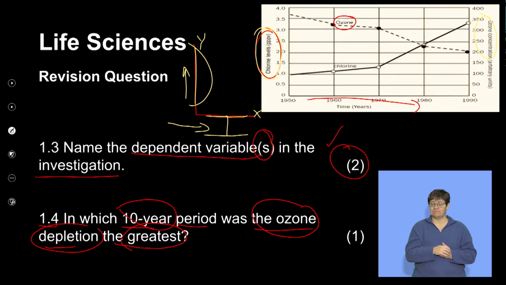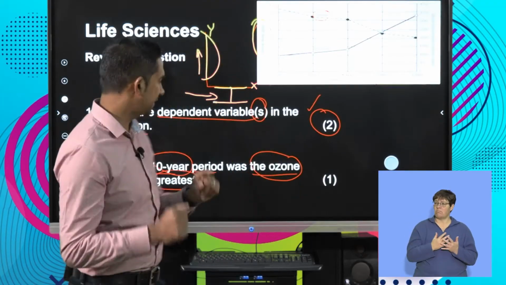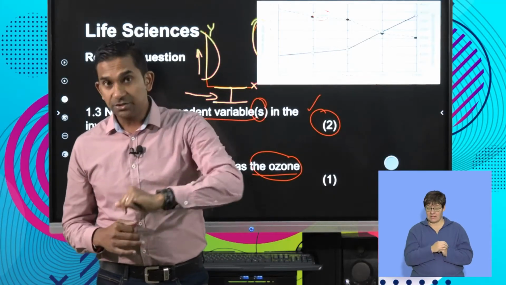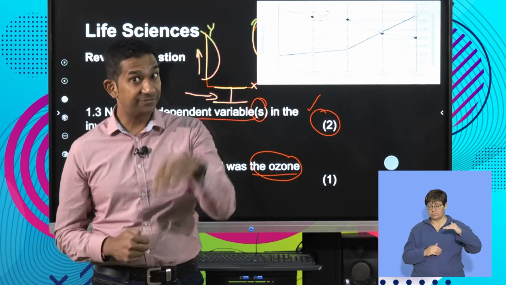Okay. The next part of the question is depletion. Another word for depletion would be a decrease. So when was the decrease the most? And that we need to identify in a 10-year period. So guys, remember that the gradient or the slope, the steeper the slope, the more significant the decrease.